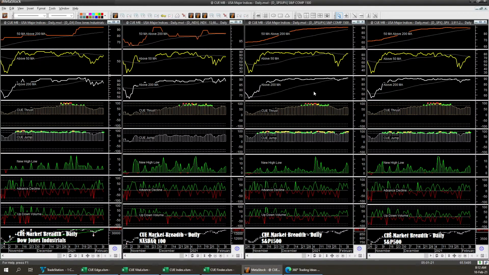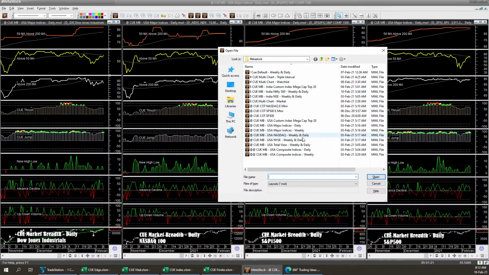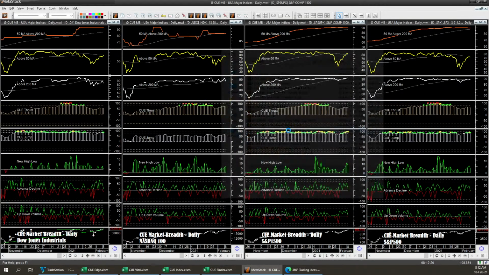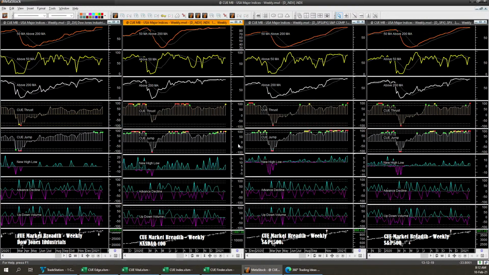Let's look at the weekly plot now for the internals: new high low, advanced decline, up down volume, same major indices. New high low is not showing much weakness, normal movement. I showed in the last weekend YouTube live session that advanced decline was showing weakness.